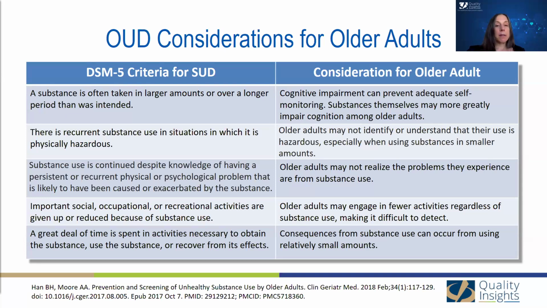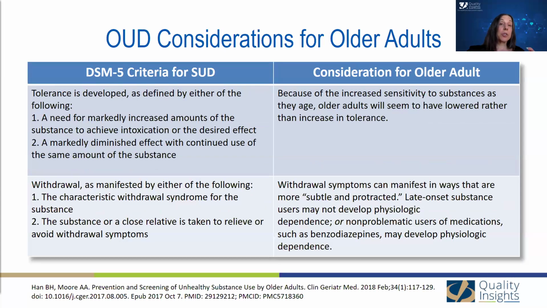Older adults may have fewer activities, so it's really difficult to utilize social withdrawal as a regular criterion. And consequences can occur from using smaller amounts in older adults because they have increased sensitivity to substances as they get older. And withdrawal symptoms can be very, very different.